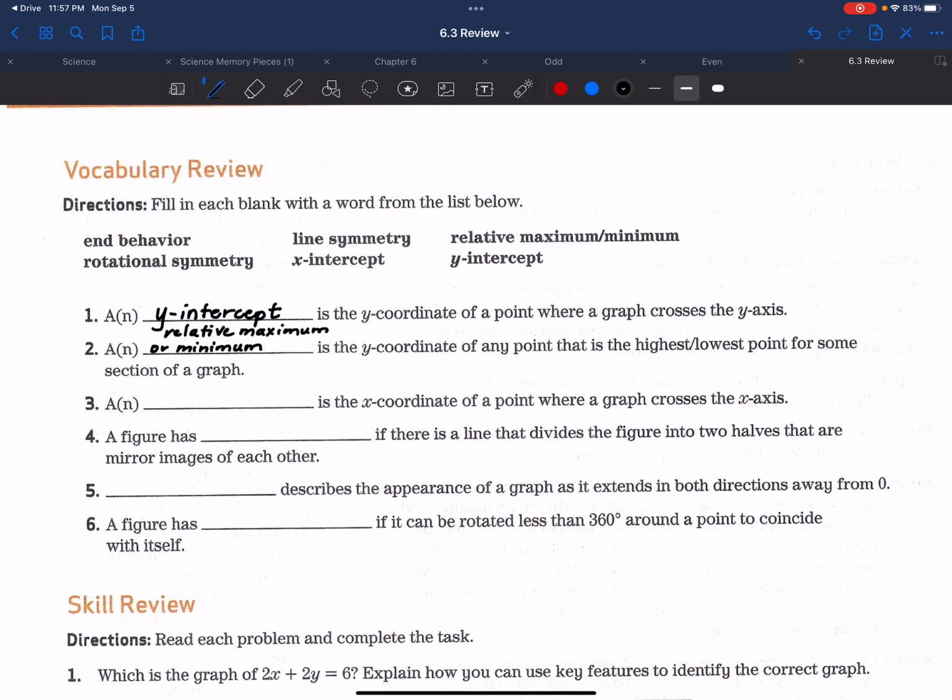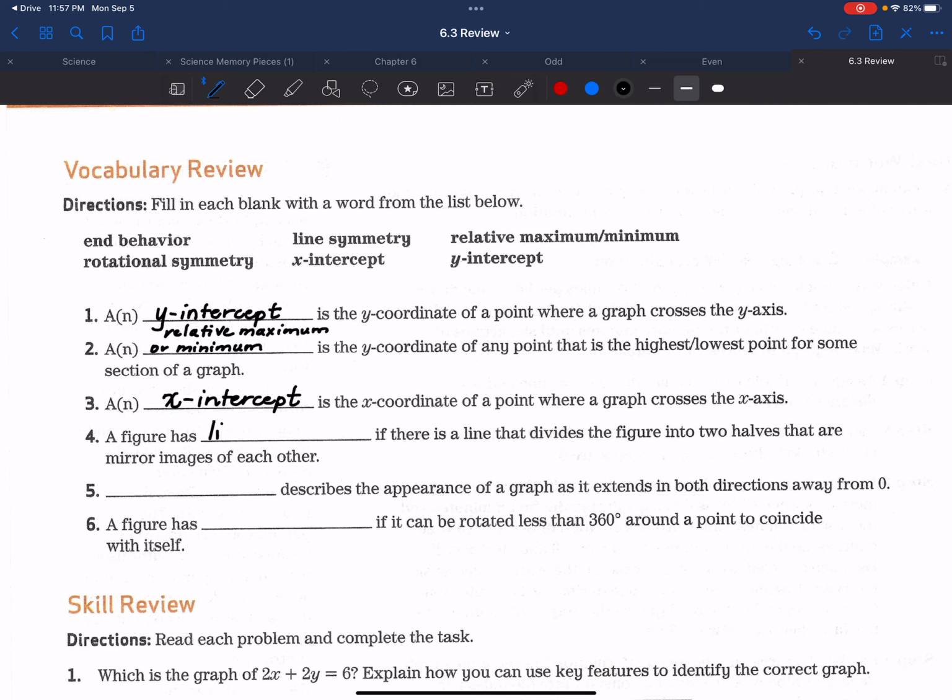A blank is the x-coordinate of a point where a graph crosses the x-axis. If it's crossing the axis, that is an intercept. A figure has blank if there is a line that divides the figure into two halves that are mirror images of each other.